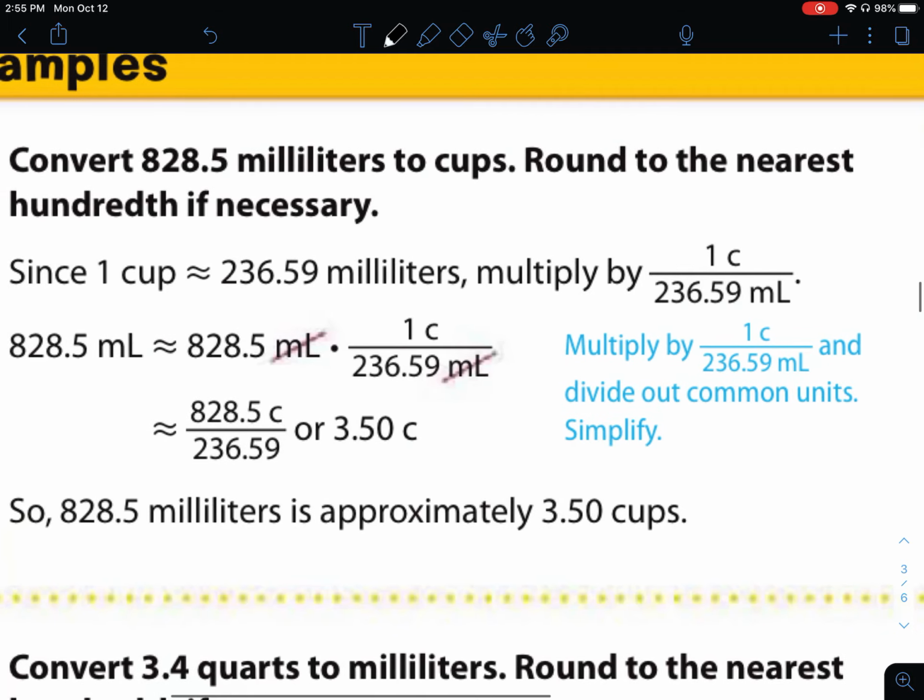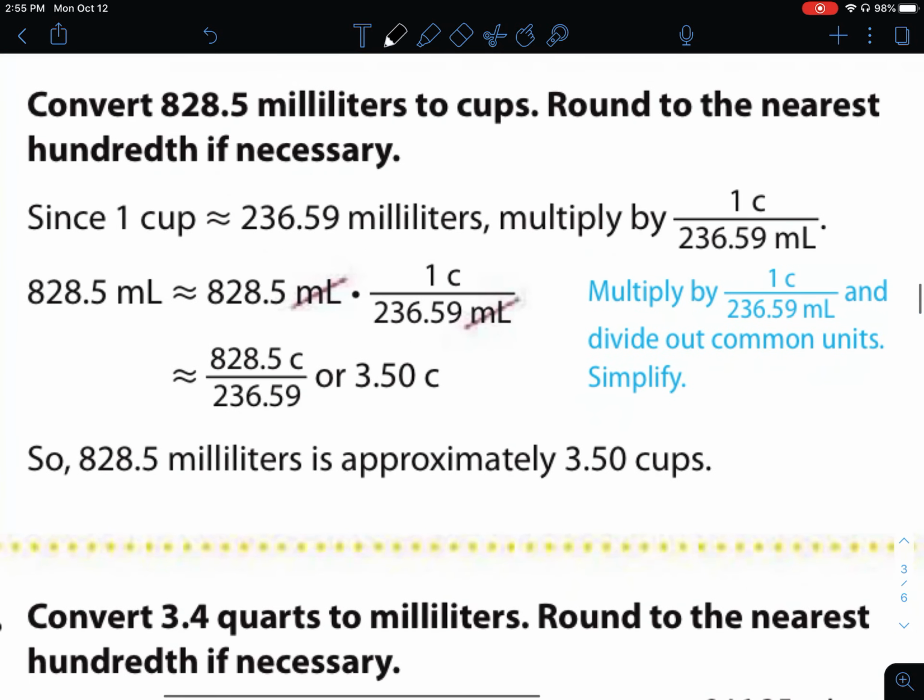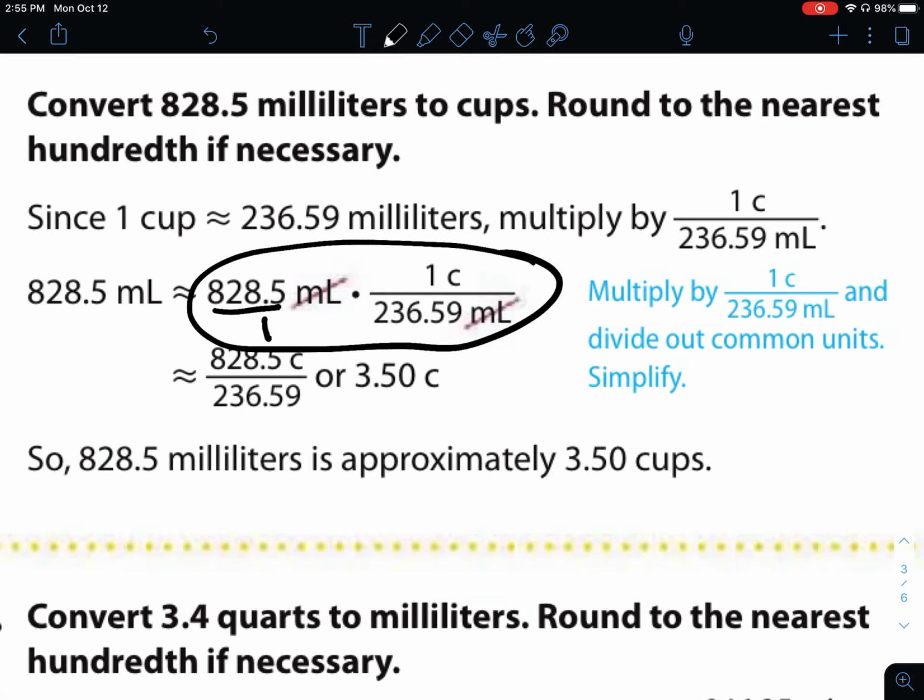I just put a 1, and that's how you get this. So then the milliliters cancel out. Now it's 828.5 cups over 236.59 because cups is the only unit that hasn't been canceled out.